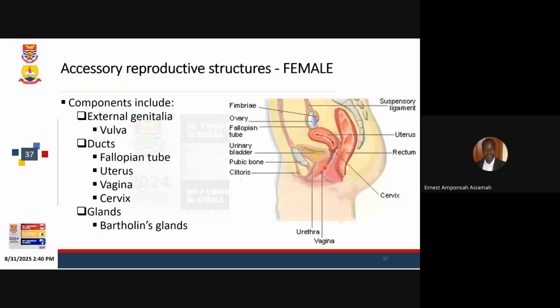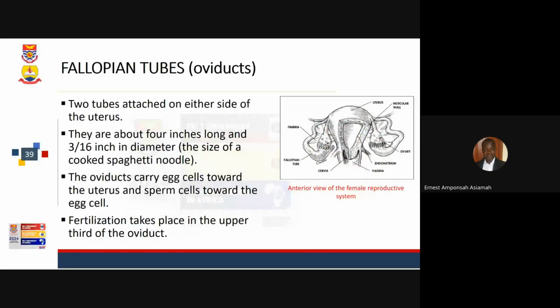Then we have the glands, and we can talk about the Bartholin glands. I will mention them. So let's look at the ducts, starting with the fallopian tube.